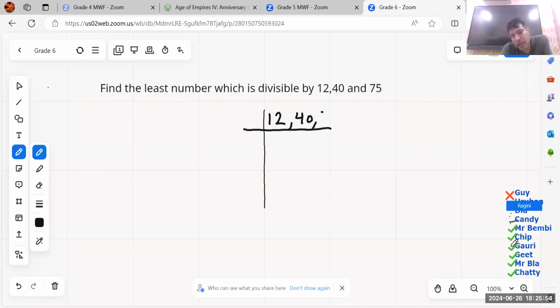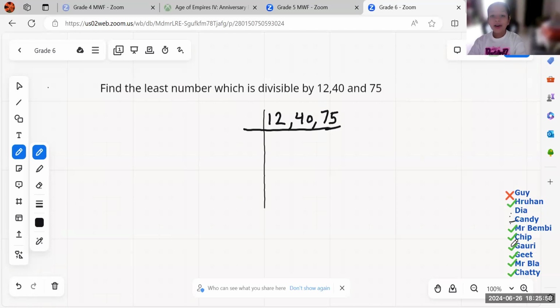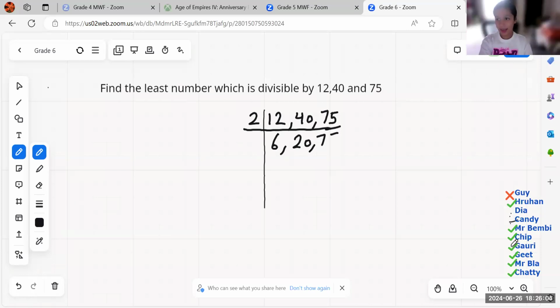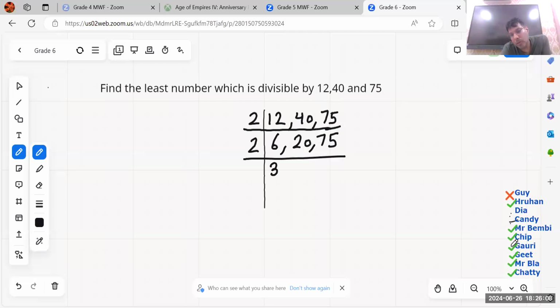So 12, 40, 75. We use the ladder method. So which number will divide them? I can take 2: 12, 40, 75 becomes 6, 20, 75. Then I can take one more 2: 3, 10, 75. Then I can take 3: 1, 10, and 25.